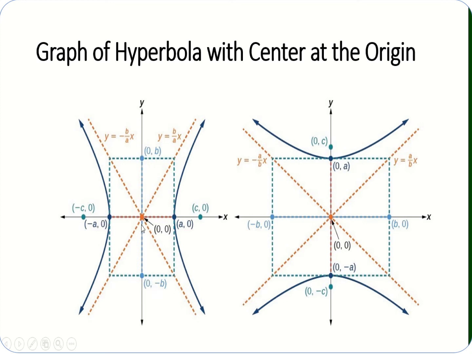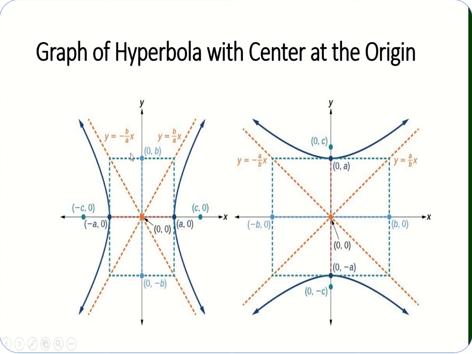And from the center to the focus, either this way or that way, that is c. So that is called the focal distance, from the center to the other focus.